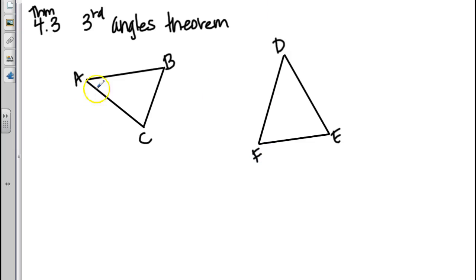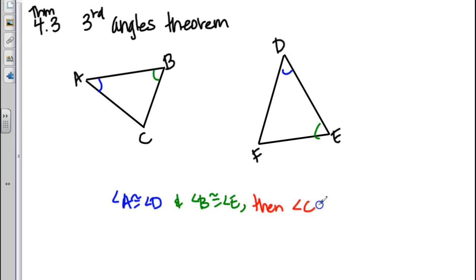If we know that angle A is congruent to angle D, meaning their measures are equal, angle B is congruent to angle E, then by the third angle theorem, we also know that angle C is congruent to angle F. All right, so that's the third angles theorem, theorem 4.3. Theorem 4.4.